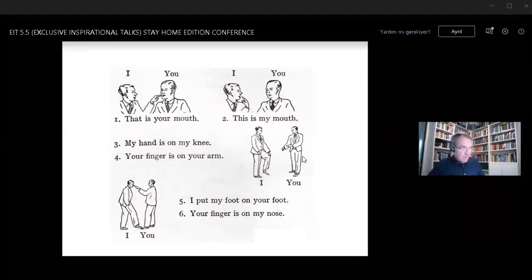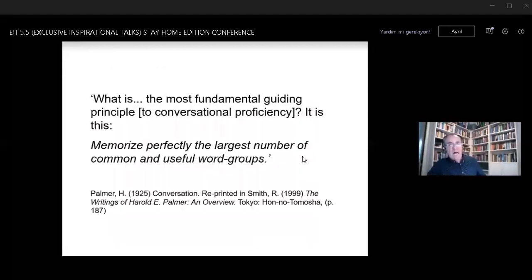Palmer himself, when he was asked, what is the key to proficiency in a second language? What is the most fundamental guiding principle? He said this: memorize perfectly the largest number of common and useful word groups.